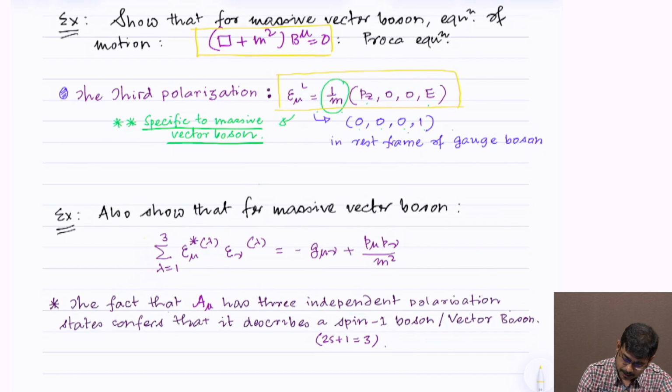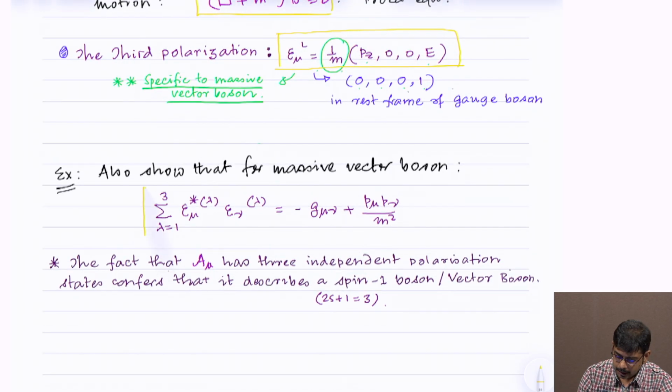And for massive vector bosons, essentially you have a little change in the polarization sum, and this goes by the relation that the sum of epsilon mu lambda star epsilon nu lambda is equal to minus g mu nu plus p mu p nu by m square.